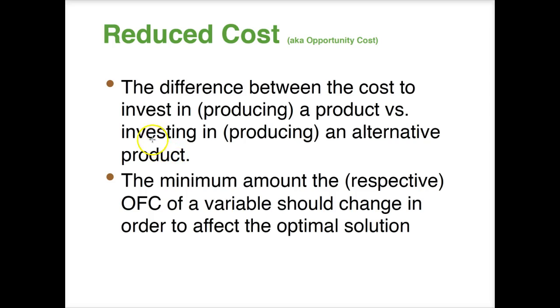So all I've said is, how much is it going to cost you in this case to increase your profits to where it actually makes sense for you to start producing that particular item versus another item, okay? Now it says the minimum amount the respective objective function coefficient of a variable should change in order to affect the optimum solution. So this is more of the approach that I took.